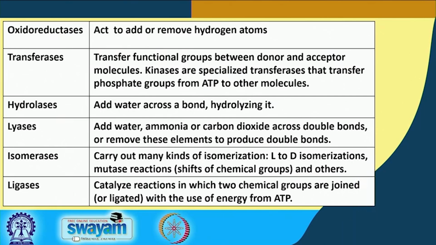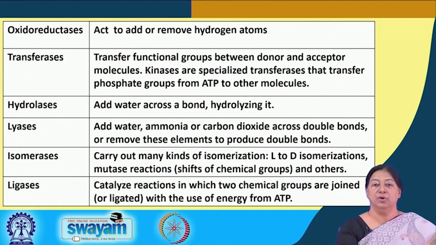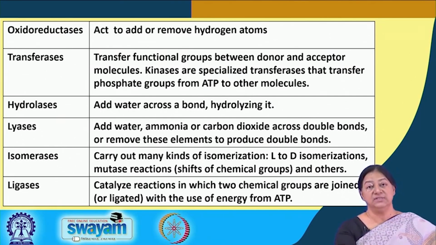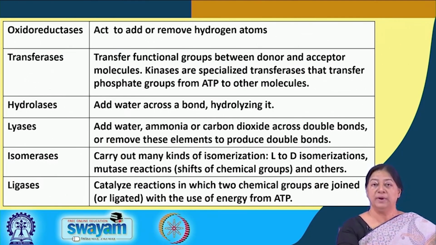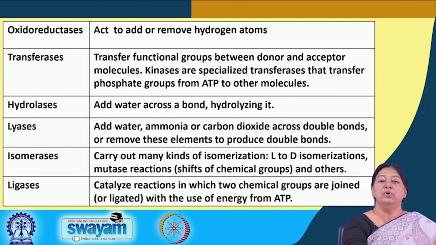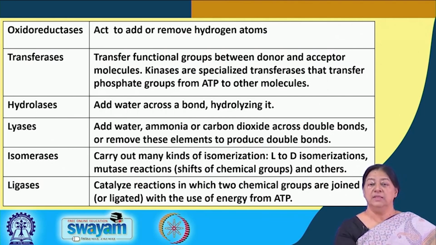So, if we were to add water across a bond resulting in hydrolysis, this would be a hydrolase. If we are transferring a specific functional group, a chemical group between donor and acceptor molecules, we would have a transferase. And if the chemical moiety that is being transferred happens to be a phosphate, this is called a kinase.